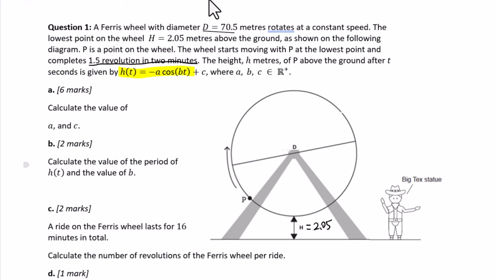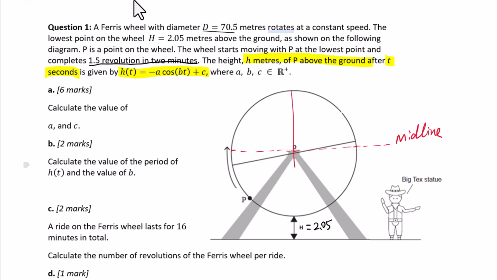When you are given this function, you have to pay more attention to the units. T is in seconds. H is above the ground. Since we are given this wheel, we could say the midline is here. This is the midline.